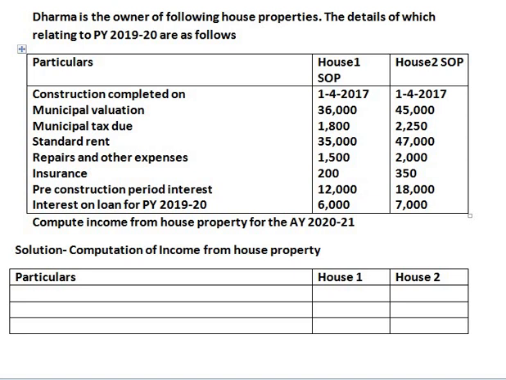You are given information in the sum as the date of completion of construction of the house, municipal valuation, municipal tax due, standard rent, repairs and other expenses, insurance, pre-construction period interest and interest on loan for the previous year 2019-20. And you are asked to calculate income from house property for the assessment year 2021.